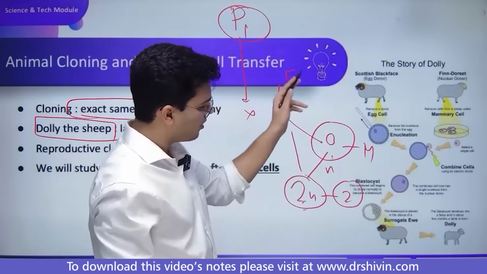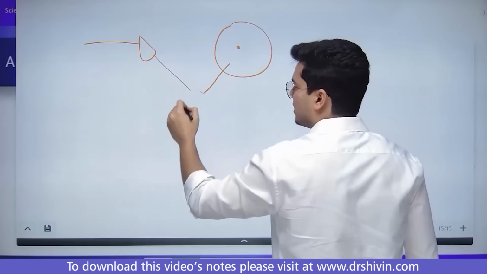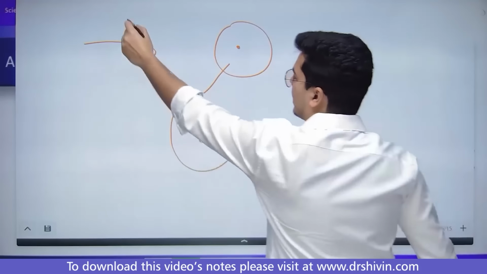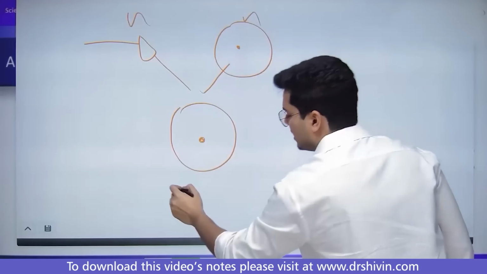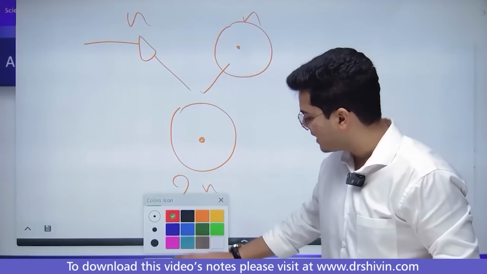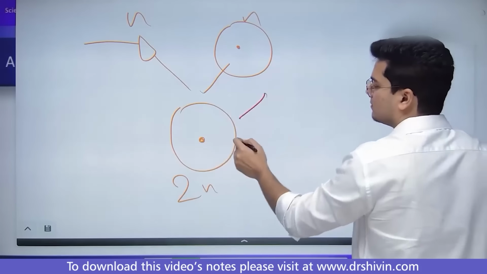What happens in case of identical twins? In case of identical twins, there is a sperm, there is an egg. These fuse to form zygote. Now this zygote will have N from here, finally it will have 2N. In identical twins, twins that are exactly similar, ये zygote बनते ही दो zygote बन जाते.